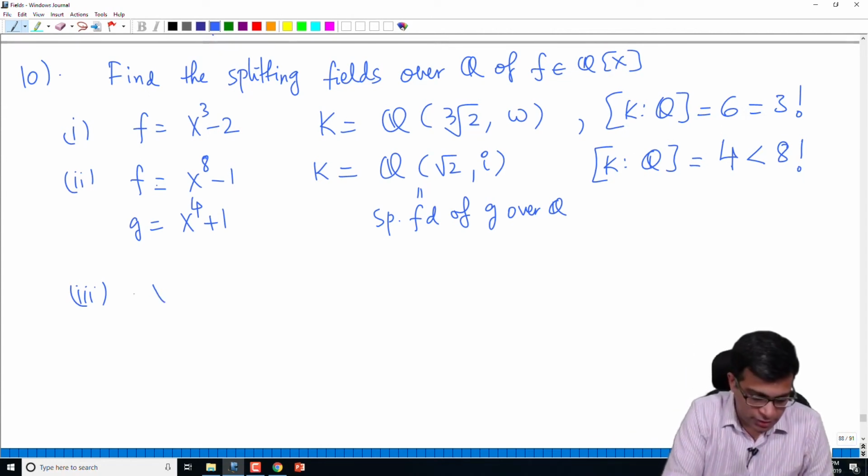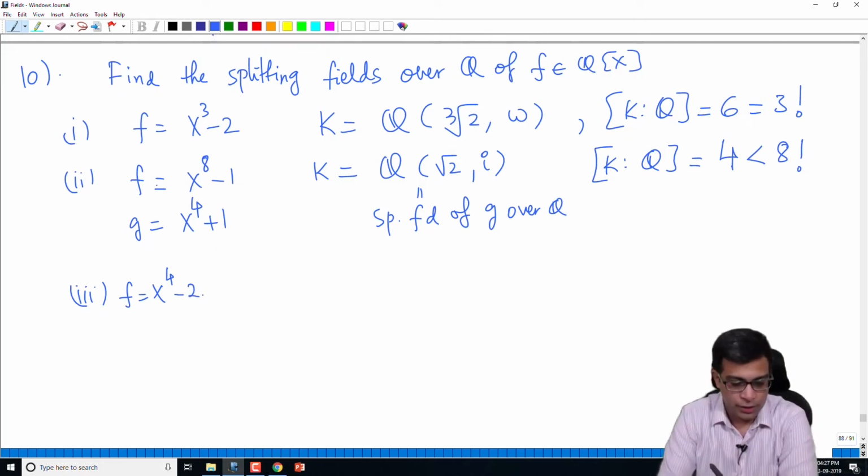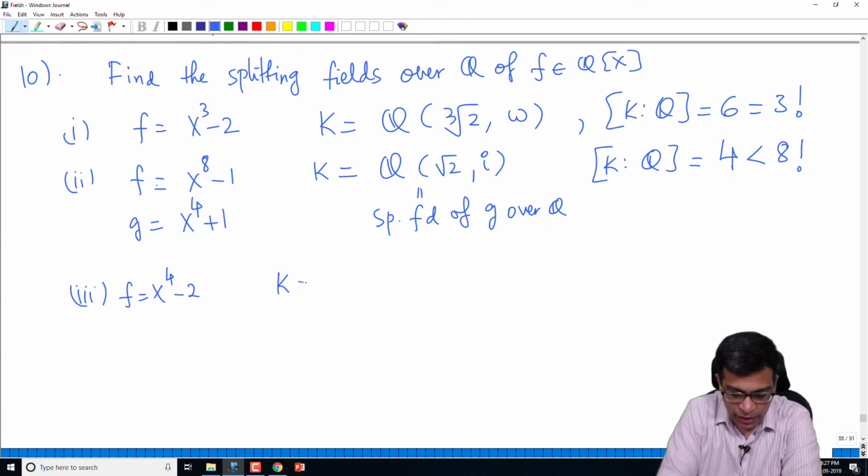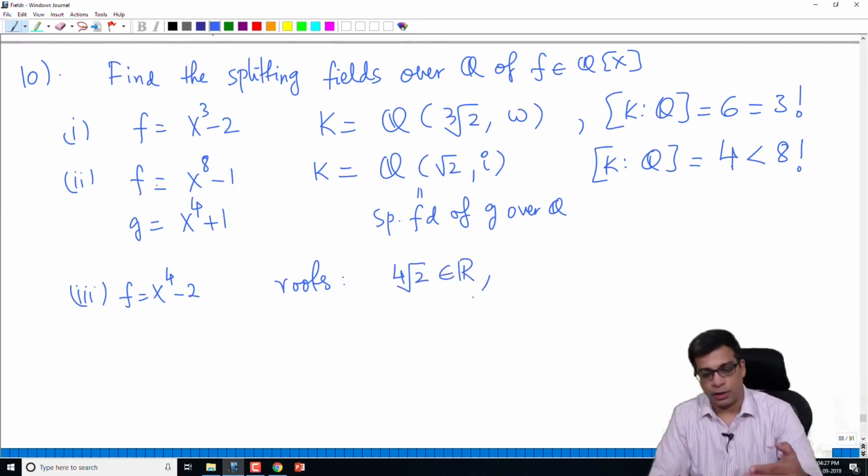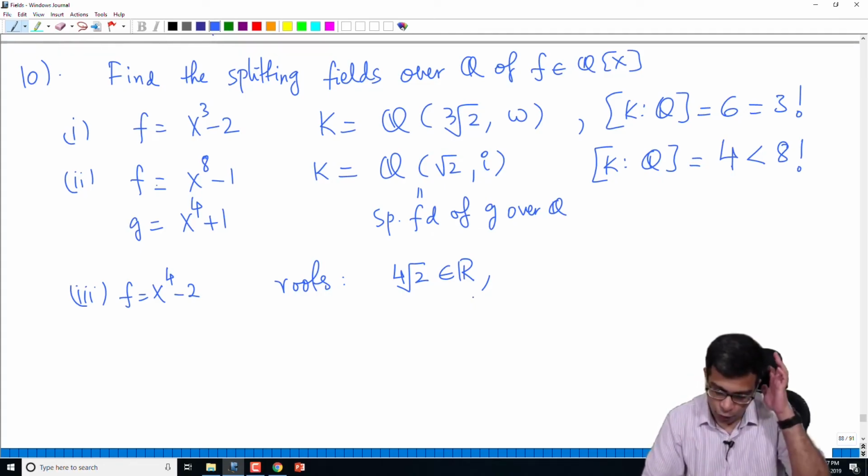On the other hand, what if you take x to the power 4 minus 2? If you think about this, K will have to be, so what are the roots? There will be a fourth root of 2, a real number. Remember, x to the power 4 minus 2 is a degree 2 polynomial over R in x squared, so it cannot be irreducible, and in fact it has a root, namely the fourth root of 2.